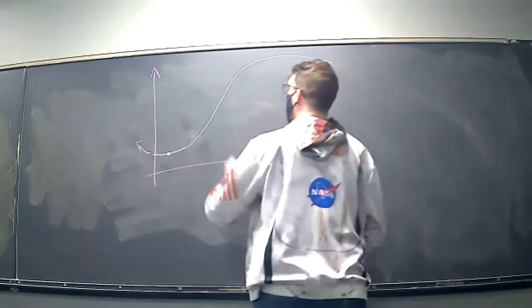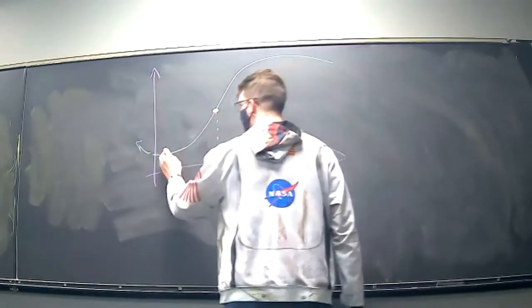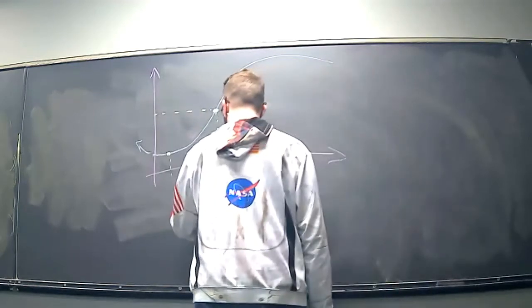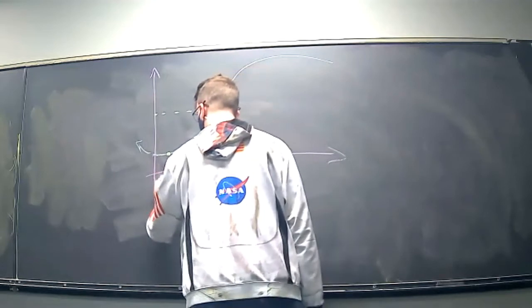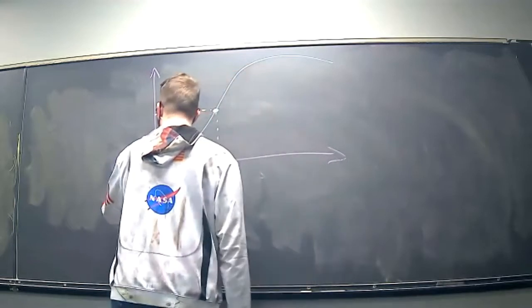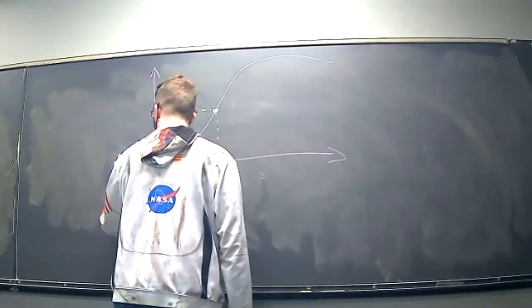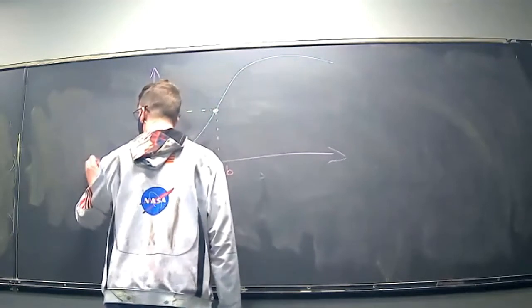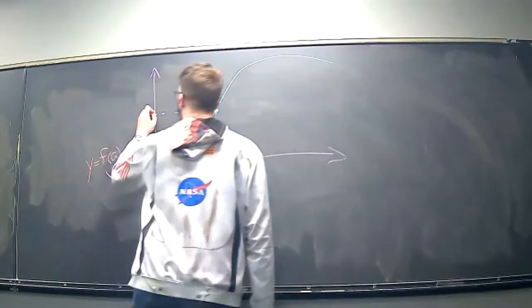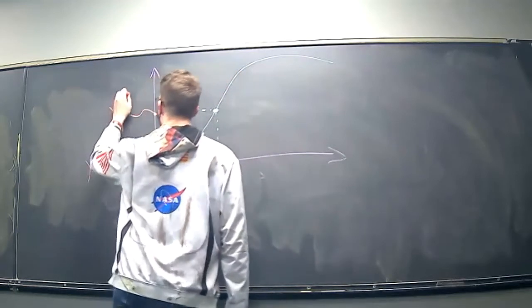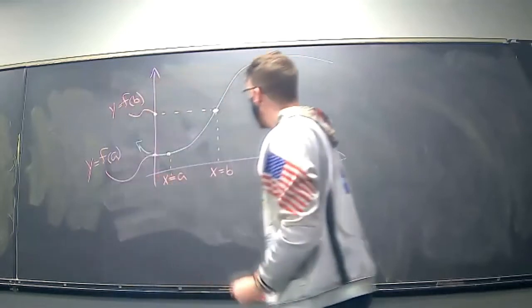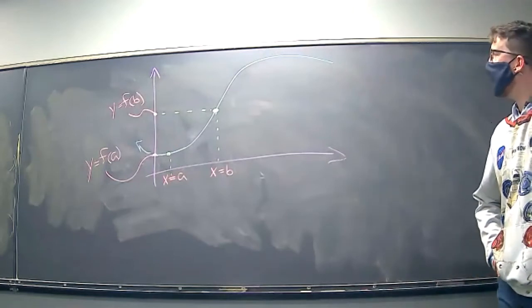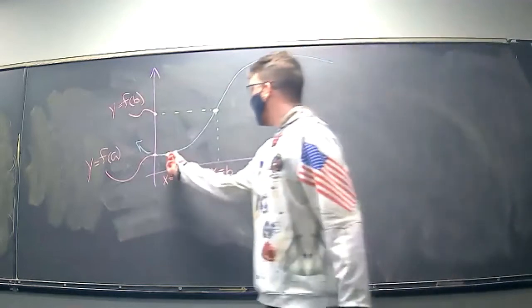There we go. Your mission, you don't have a choice to accept it or not, is to find the secant line that goes through these 2 points.